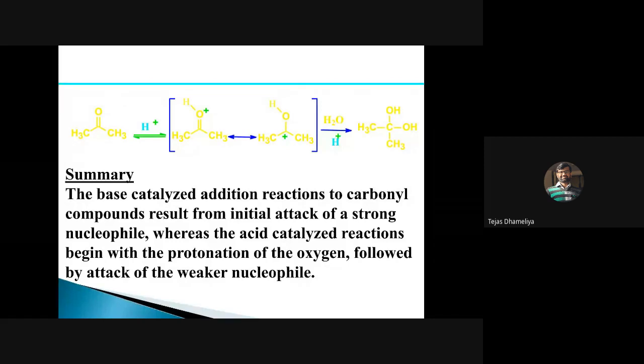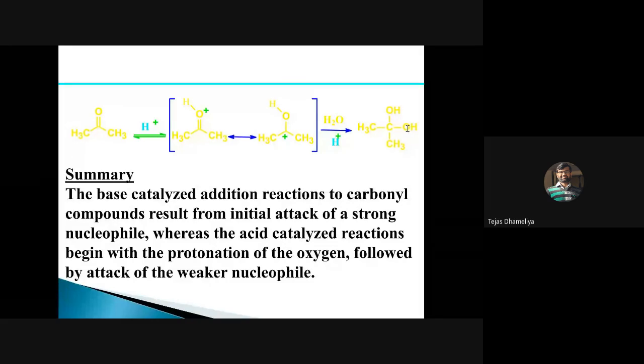Geminal means whenever two functional groups are present on the same carbon, it is termed geminal diol. Vicinal diols means the two functional groups are present on adjacent carbons, 1-2 positions. So they are termed vicinal diols.